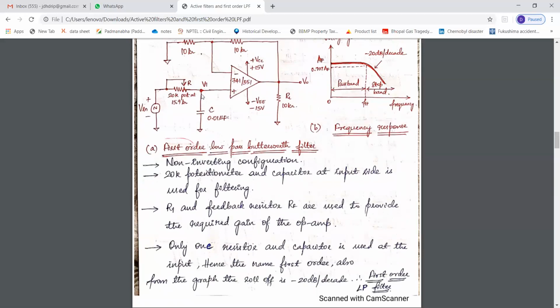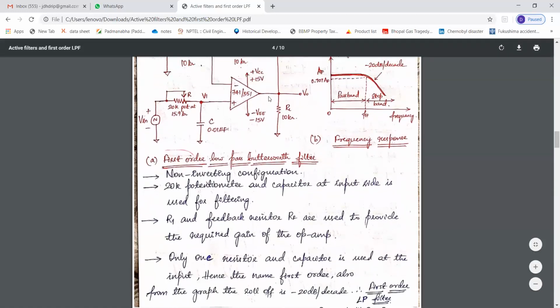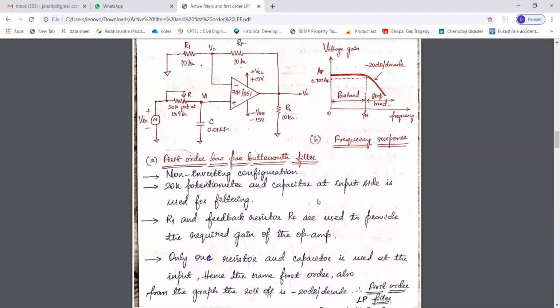So now this is the voltage at the non-inverting terminal of the op amp. Now this voltage is considered as the input voltage, not this V in. The voltage available at the non-inverting terminal is considered as the input signal to the op amp. So output voltage will be given by the gain times the input voltage V1 at the non-inverting terminal. So V0 is equal to gain into V1.